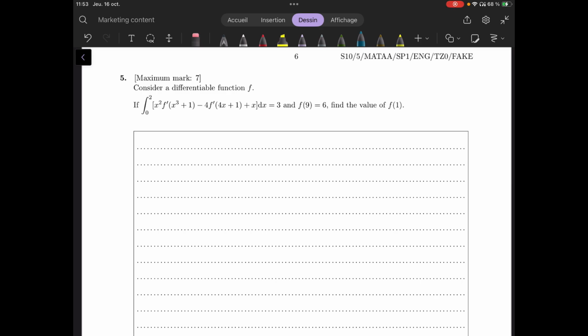Question 5. This question is on integration. We have 3 parts of various levels of difficulty.